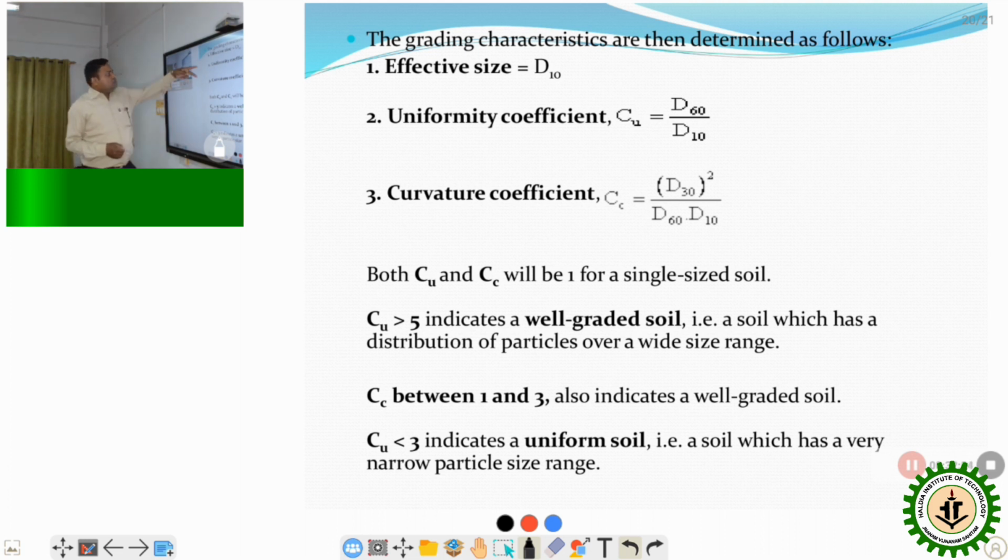So from these two parameters, that is CU and CC, we can comment on which type of soil it is. If the CC value, that means the curvature coefficient value, lies in the range of 1 to 3, the soil mass is called a well graded soil. That is, the grading of the soil is very good.